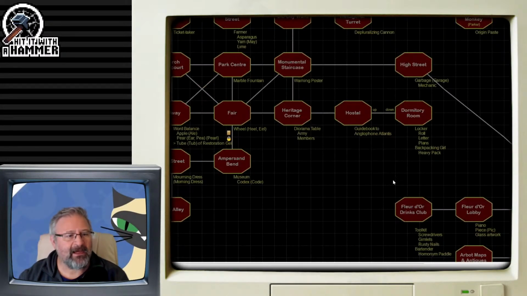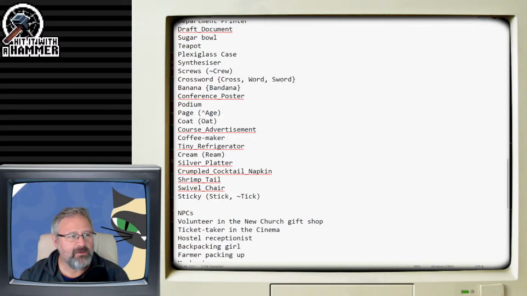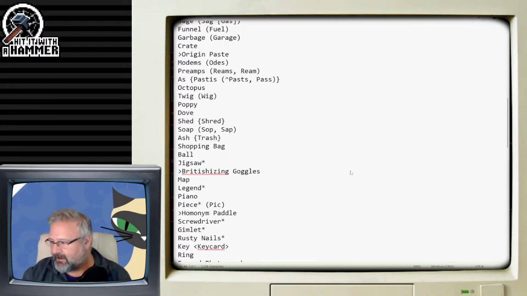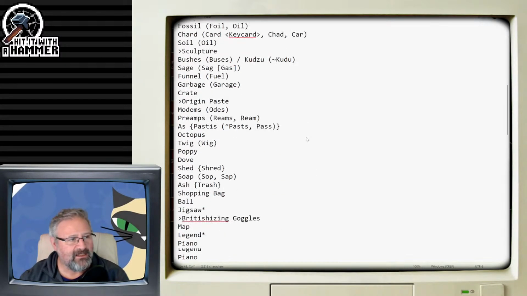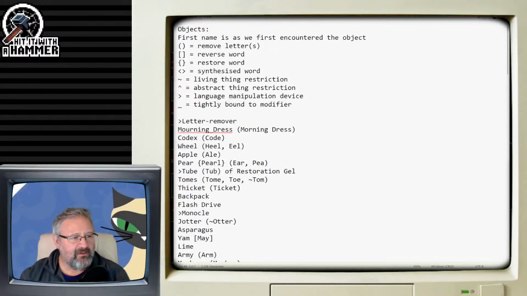I also went back, and as you can see from all of these locations, I identified every object that we could manipulate, I think, and I've put them in this long list of objects. The notation around the first word or combination of words is how we discovered the object.